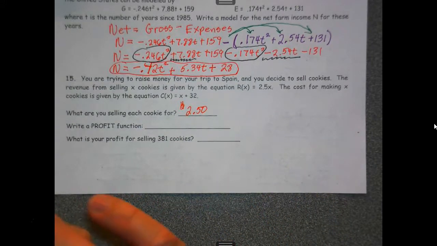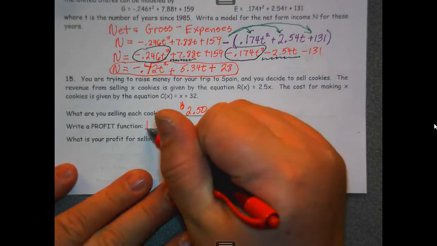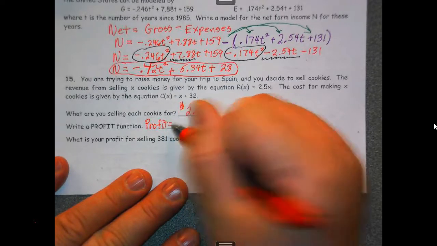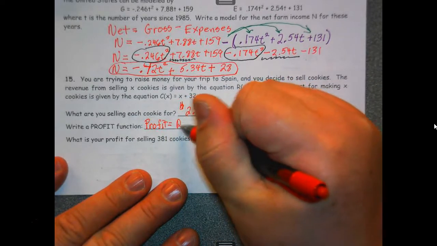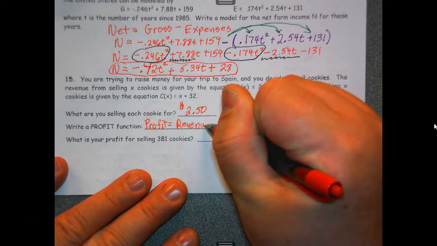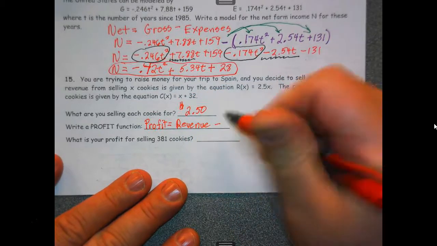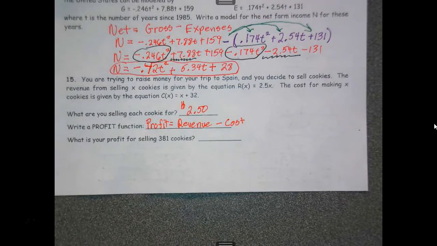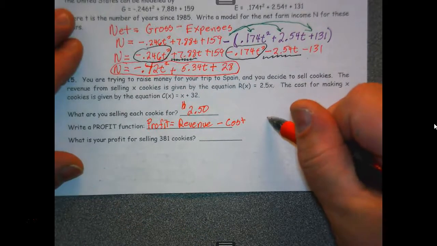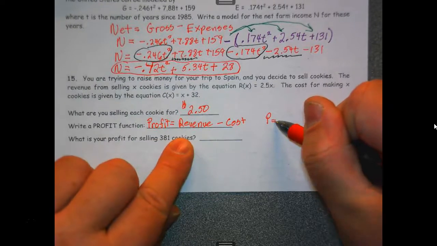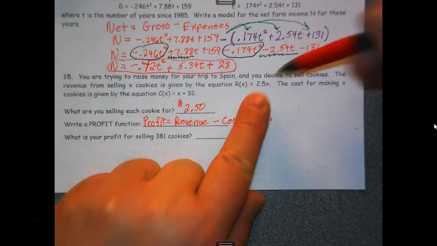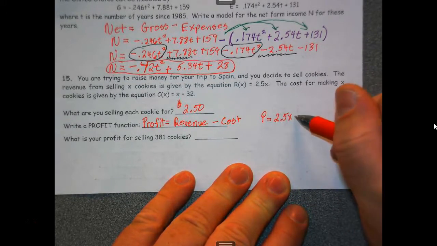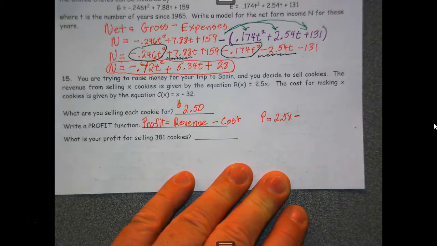All right, write a profit function. Again, thinking back to your career development days, your profit is your revenues, all the money you take in, and you're going to subtract all of your expenses, or in this case, your costs. So your profit function equals your revenue function, which is 2.5x. And I guarantee you, half of you are going to forget parentheses.